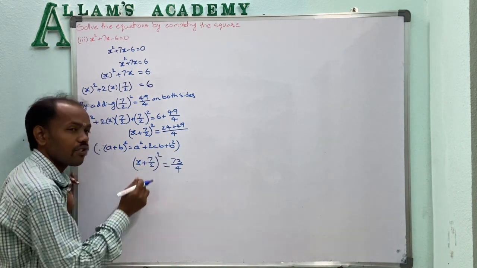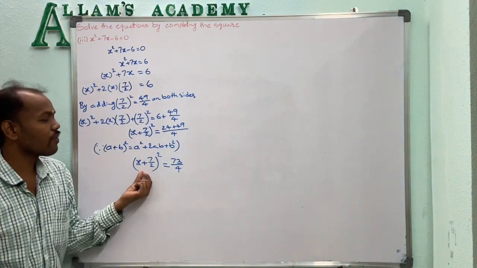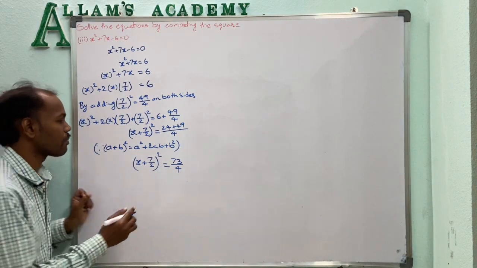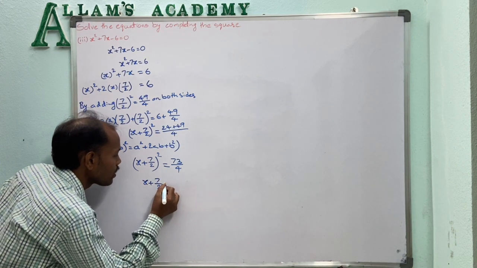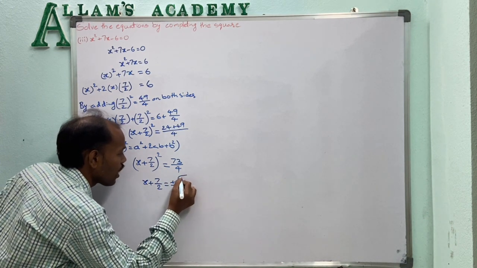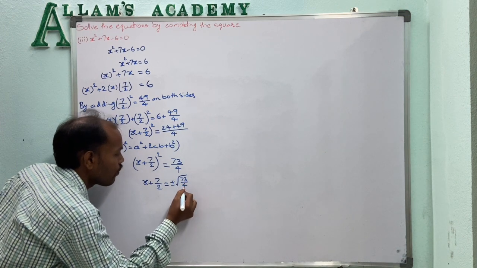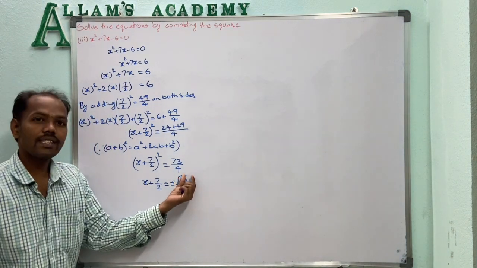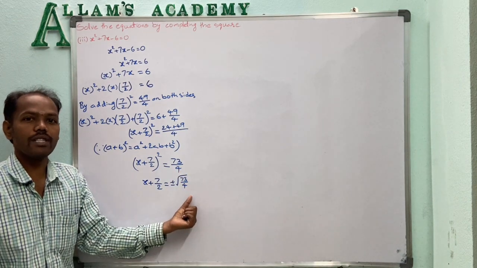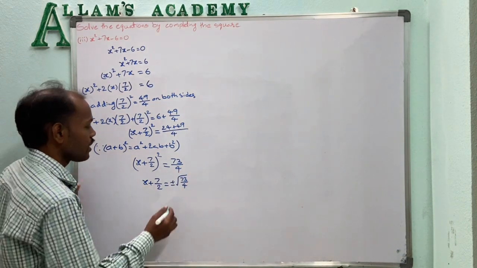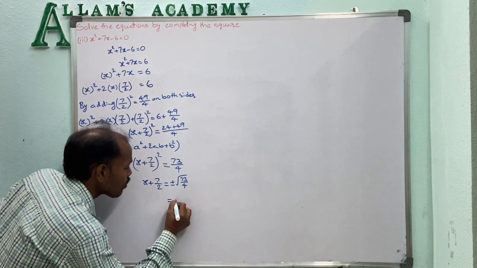Now here we want to get the x value. So to get the x value, take the square root on both sides. Now x plus 7 by 2 is equal to plus or minus under root 73 by 4. Now root 73 by 4 is in the form of root x by y. Root x by y means root x by root y. That means root 73 by root 4.